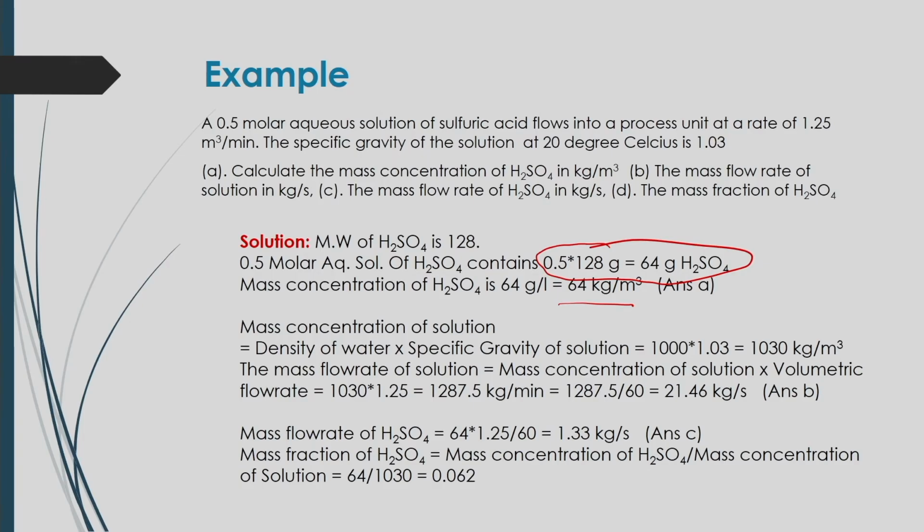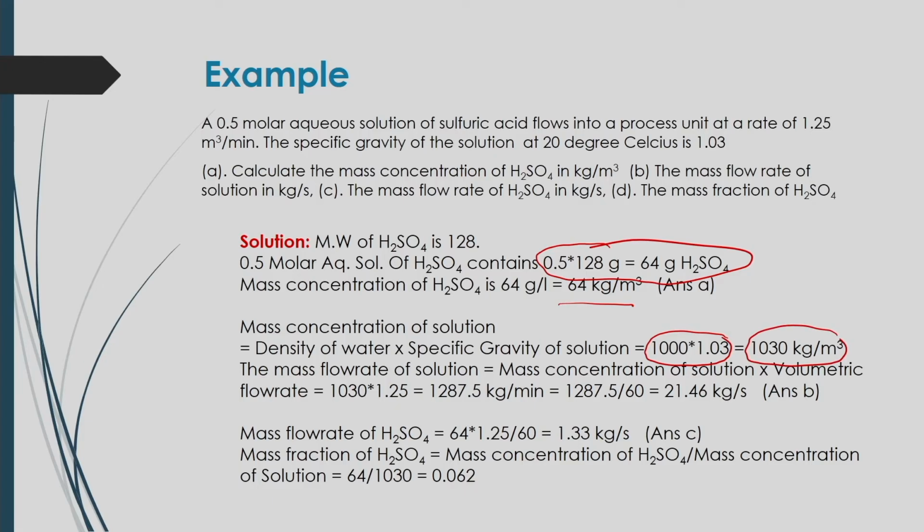So, you multiply the specific gravity of the solution by the density of water, and you will get the density of the solution, or the mass concentration of the solution. Since the specific gravity of the solution at 20 degree Celsius is 1.03, you simply multiply 1.03 by 1000, and you will get 1030 kg per meter cube.